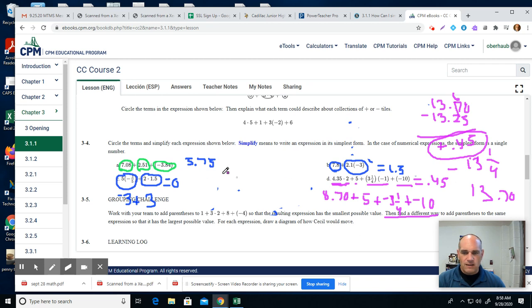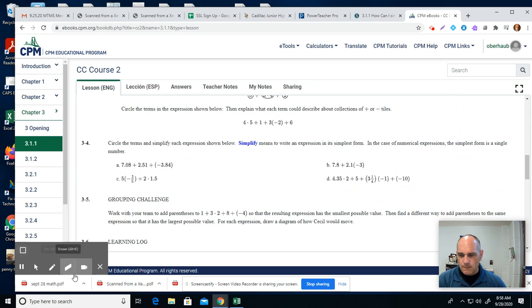So the big thing about this is this idea, and I'm going to just erase everything. What they wanted you to understand is that these plus signs kind of break these problems into pieces. So this piece and this piece and this piece we can put together. Here's this plus sign. So this separates this into two different pieces that we can do.